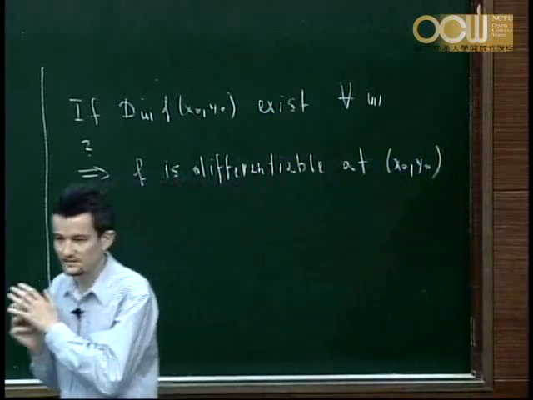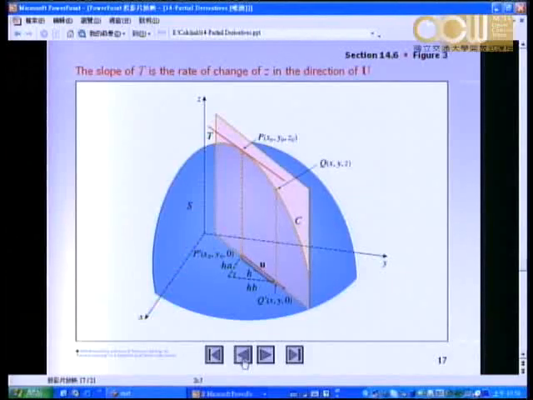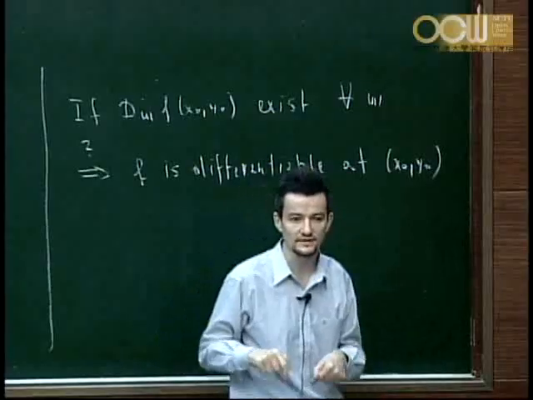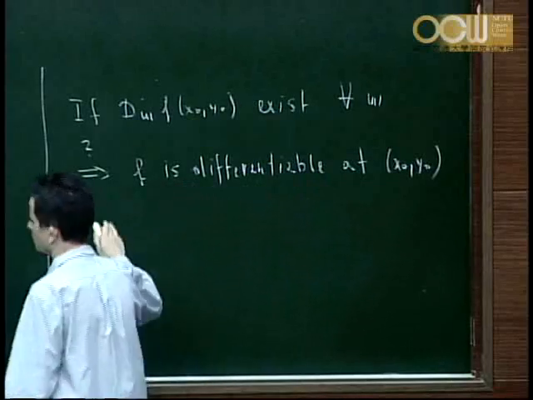Okay, so this means that you are standing at a point P, and no matter in which direction you look, you always have a derivative. Does this already imply that the function is differentiable at the point you are standing? And I told you last time that this is not true.